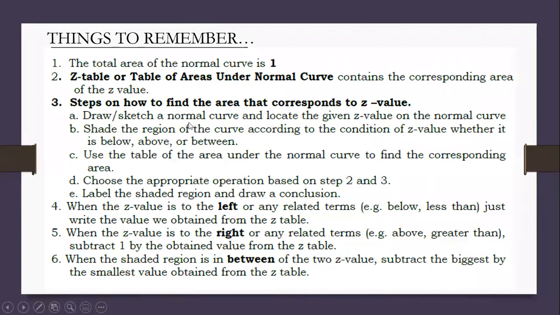So remember to draw first the curve, and then shade the required region, then find the area in the Z table. If the word being used is to the left, so yung nasa table, yun na mismo yung area. If it is to the right, you have to subtract yung nasa table kay 1. If it is between, subtract the higher value dun sa smaller value, and that will be your final answer.